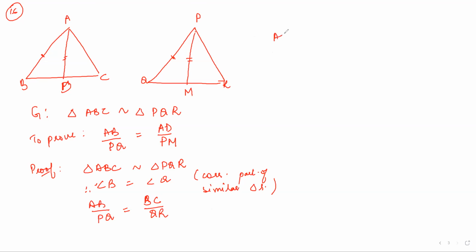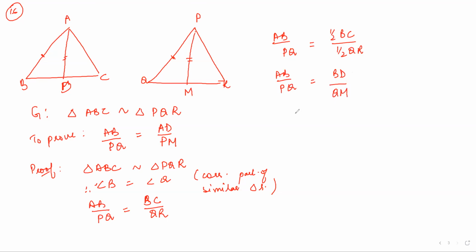So I can write that AB by PQ is equal to half of BC divided by half of QR. Any problem? I can just divide and multiply by half. So this will become AB by PQ equals half of BC, which is BD because D is the median, that means D is the midpoint, and similarly half of QR will become QM because M is the median.